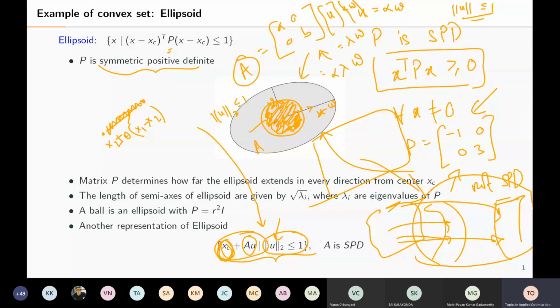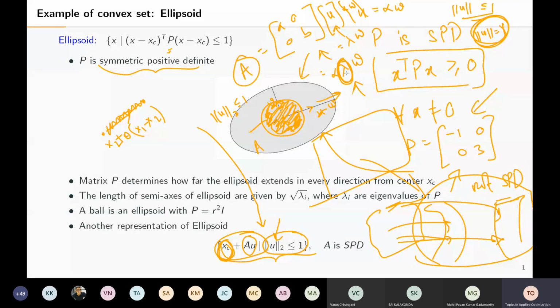So this is the eigenvalue. Now, since this is the largest eigenvalue, it will stretch. Although the u that you started with, let us just focus on this point u on the boundary, where the norm is exactly equal to 1.